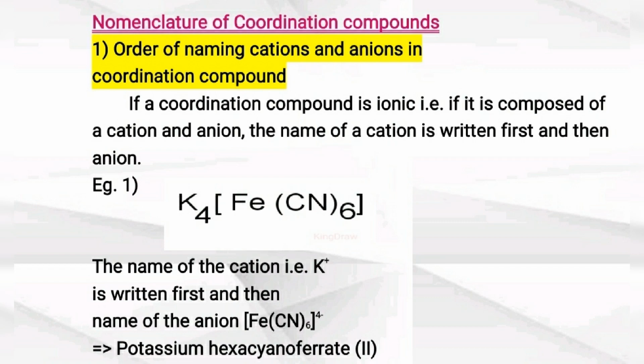So the name of the cation is written first, followed by the anion. See the example K4[Fe(CN)6]. Here the cation is K+ and the anion is [Fe(CN)6]4-. So the name of the cation K+ is written first, followed by the anion. So the name of the compound becomes potassium hexacyanoferrate.